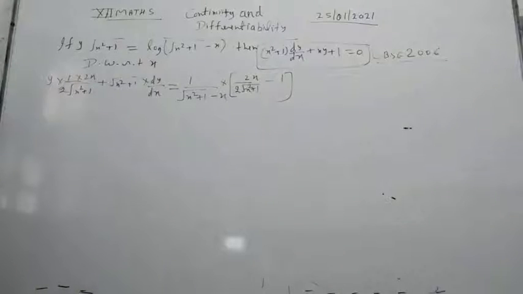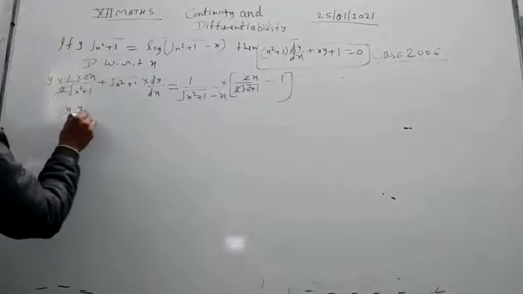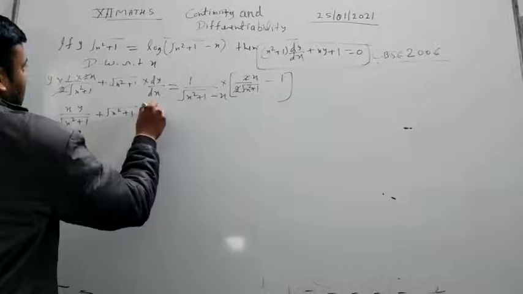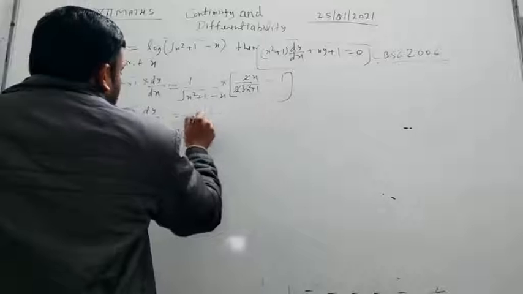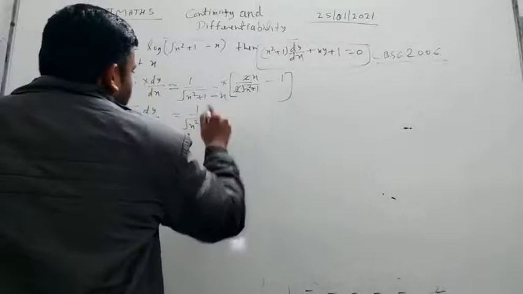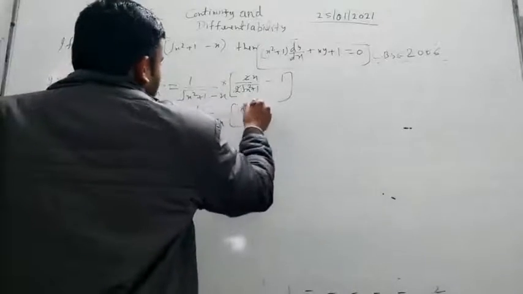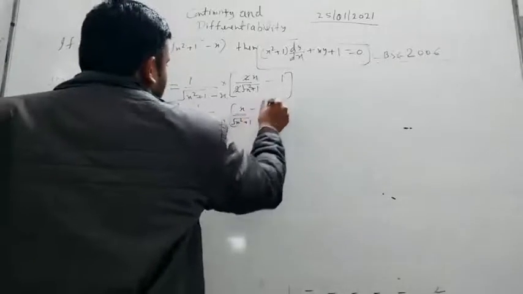Now, students, we will see that this will be cancelled, and here this will be cancelled. So we write xy by under root x square plus 1 plus x square plus 1 dy by dx, and this is 1 by x square plus 1 minus x, times x minus 1 by under root x square plus 1.